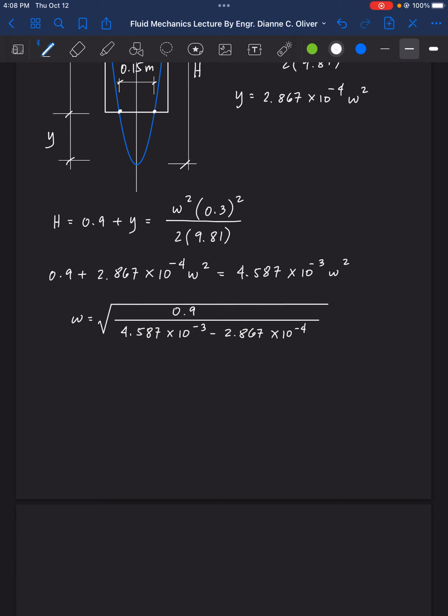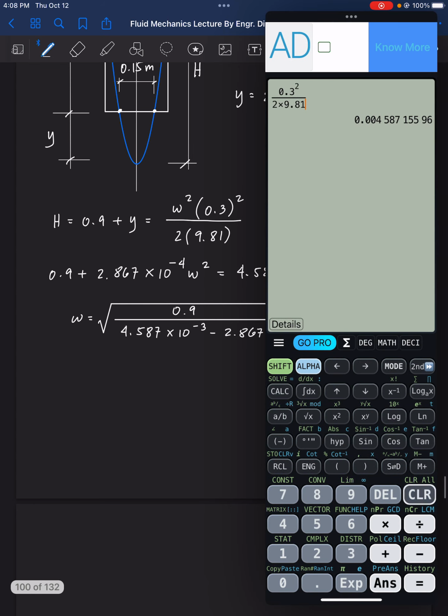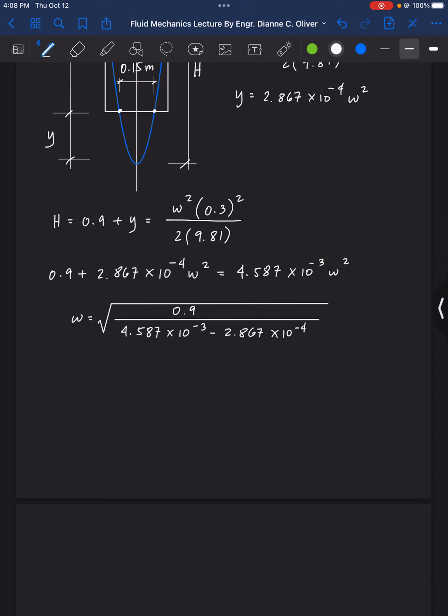So what's now the value for omega? It is 0.9 all over 4.587 times 10 raised to negative 3 minus 2.867 times 10 raised to negative 4. So, 14.47. So omega is equal to 14.47 rad per second, and that is 1 RPM over pi over 30 rad per second.